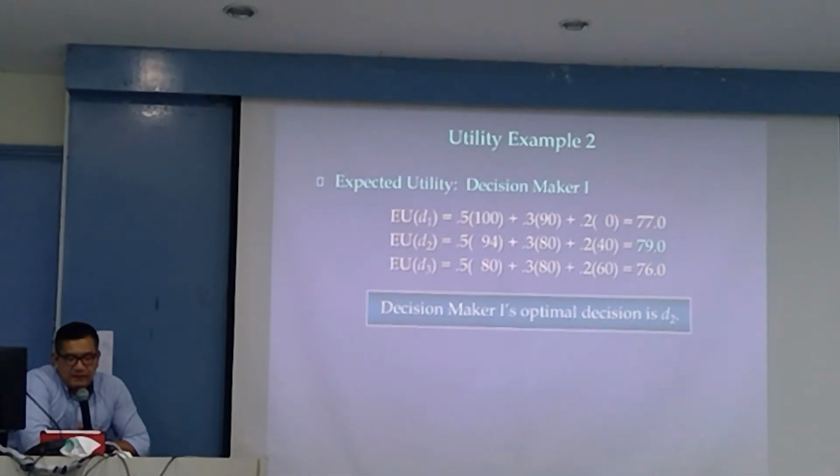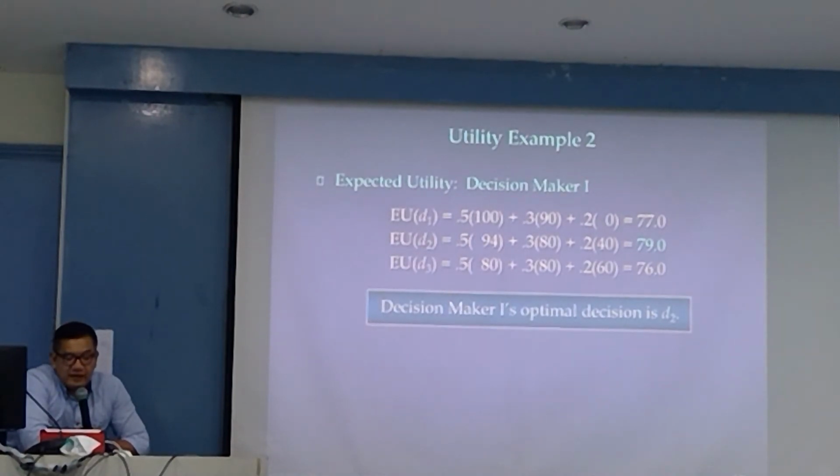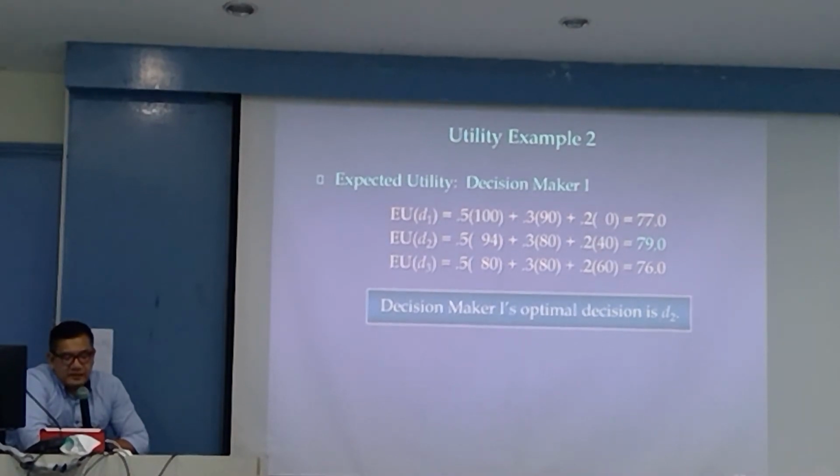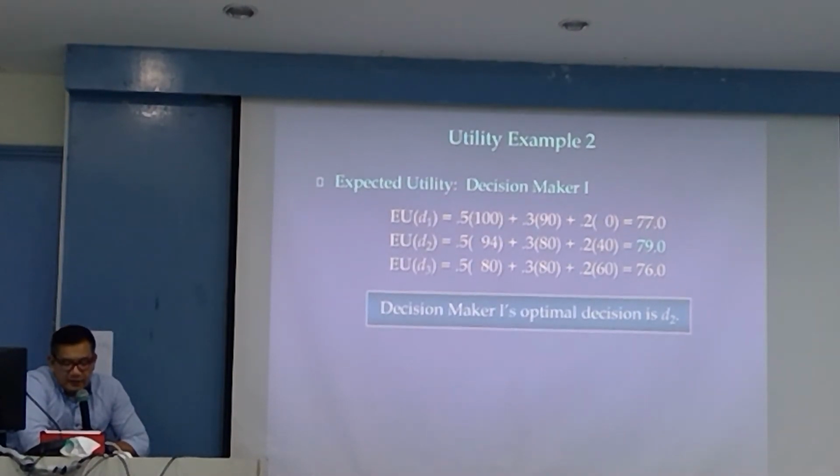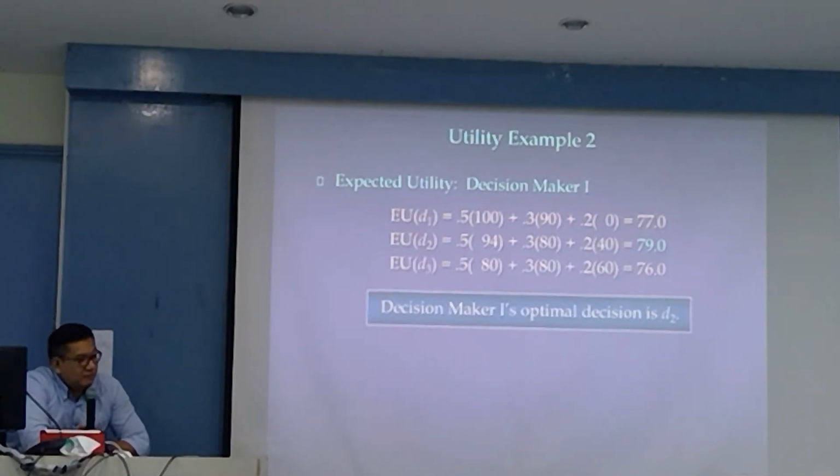Since we change the probability, we need to recalculate the new expected utility value for every alternative. So we multiply the probability with the utility value and sum up together. In this case, the optimal decision for decision maker number 1 is to select the second alternative, because 79 is the highest expected utility value.